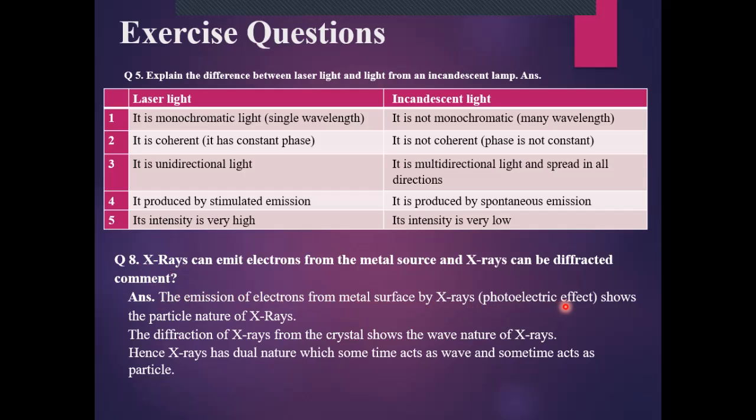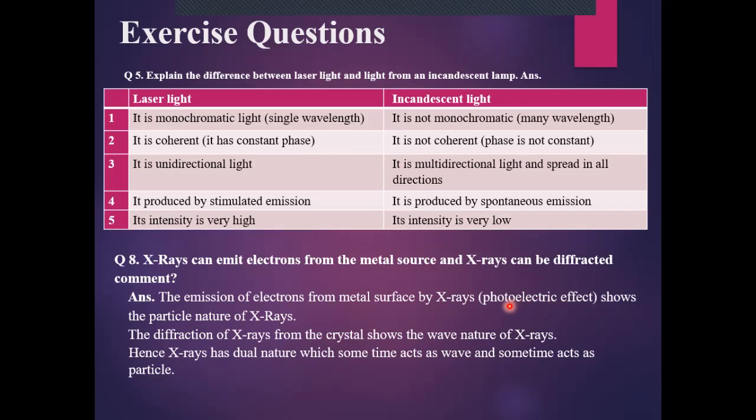Photoelectric effect is the phenomenon in which, when light of suitable frequency falls on a metal surface, it ejects electrons from the metal surface. So when these photons fall on the metal, the electron absorbs this energy and comes out of the metal surface.